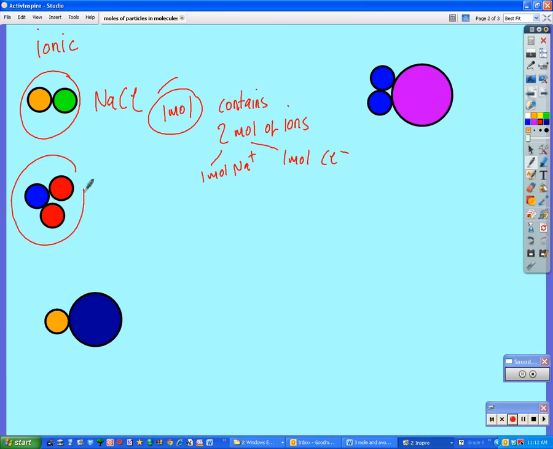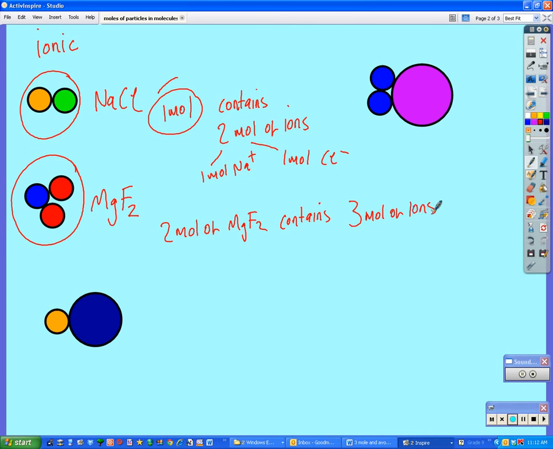If this was an ionic compound, it could represent magnesium fluoride, MgF2. So if we imagine having, let's say, 2 moles of magnesium fluoride, that contains 3 moles of ions.